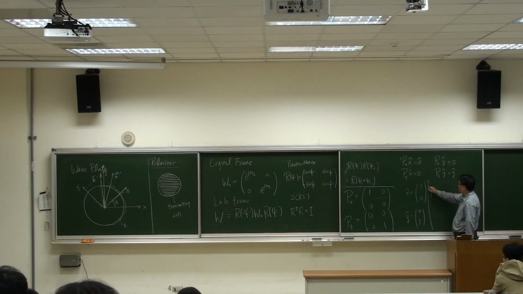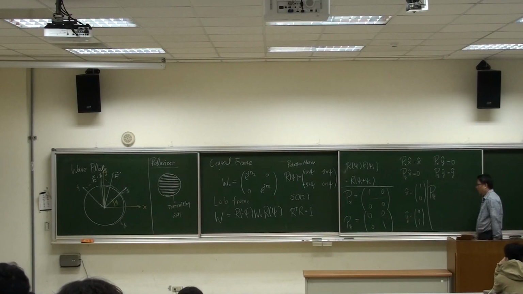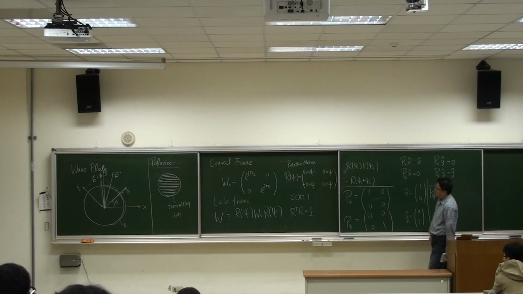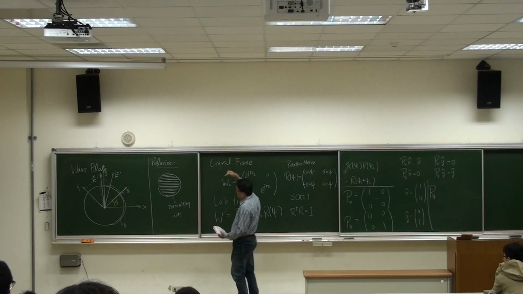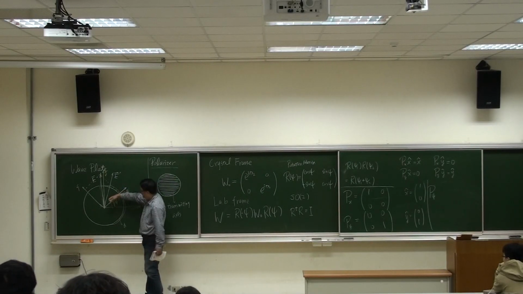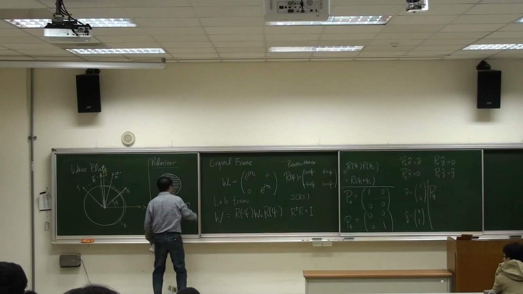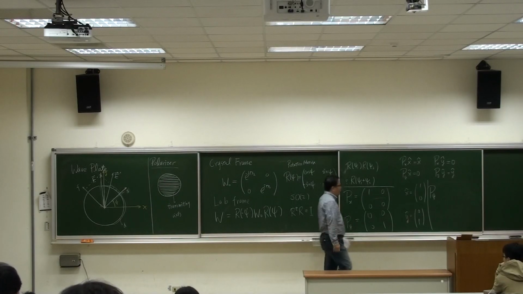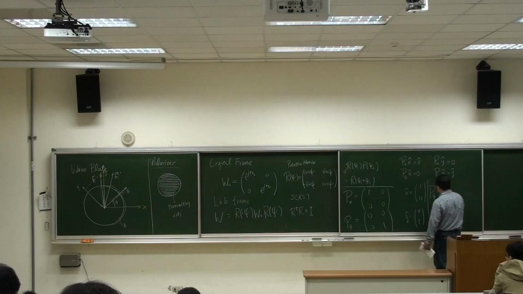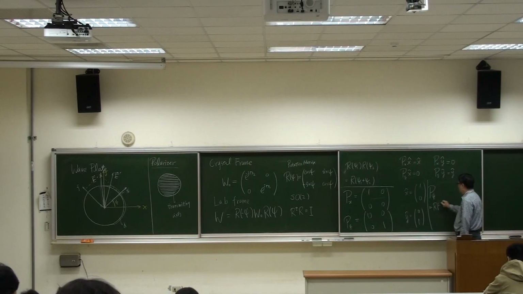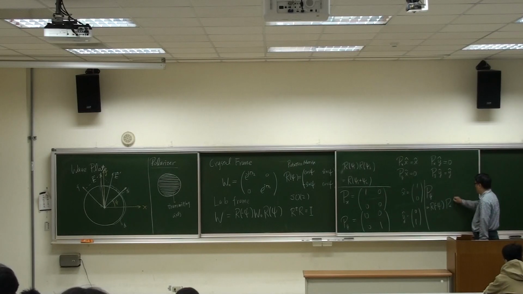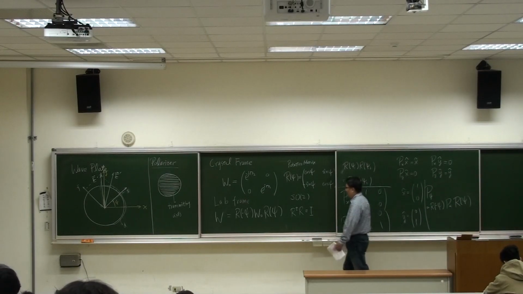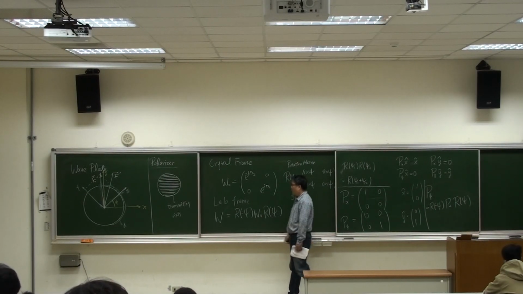So we can represent the polarizer whose transmitting axis is along the direction psi as R(-psi) times Px times R(psi). Okay, just like what we did for the wave plate.